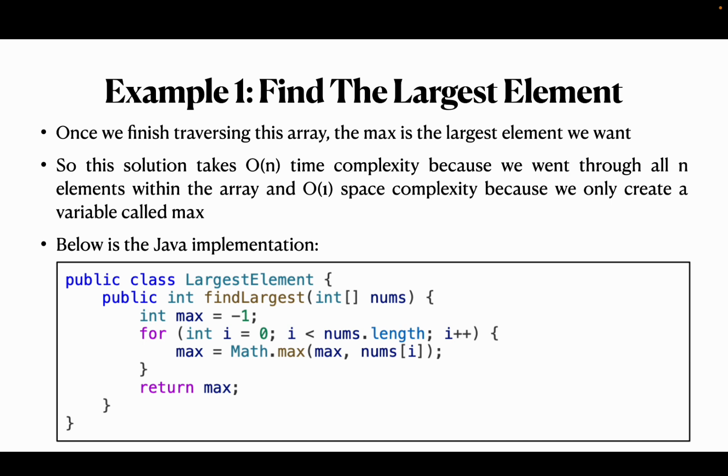At the beginning, we initialize max equal to -1, and then we create a variable called i to traverse this array using a for loop. At each step, we update max to the current maximum number we have seen so far. And finally, we just return max. That's the largest element we want.